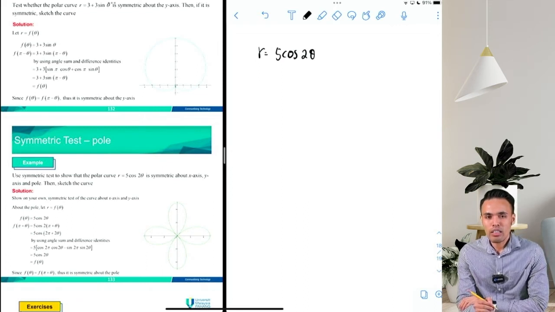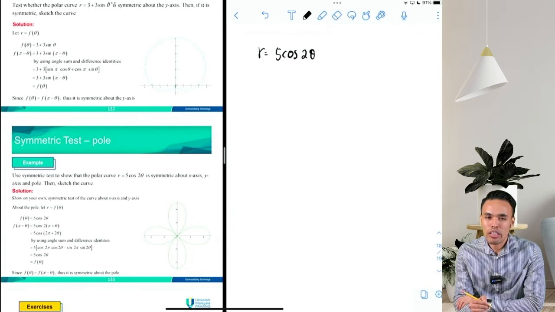In this case, I'm not going to show you how to show that the curve is symmetric about the x-axis and y-axis. This is one of the examples where the equation given to you is symmetric about the x-axis, the y-axis, and the pole.